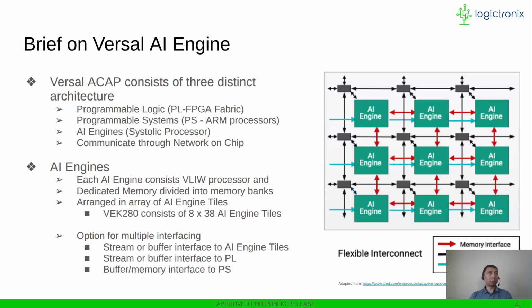These two hardware blocks were already available in the previous Zynq MPSoC or previous AMD hardware. But the AI engine, or systolic processor, is completely new hardware present in these Versal ACAP devices, and the programmable logic, programmable system, and AI engine can communicate through the network on chip bus.